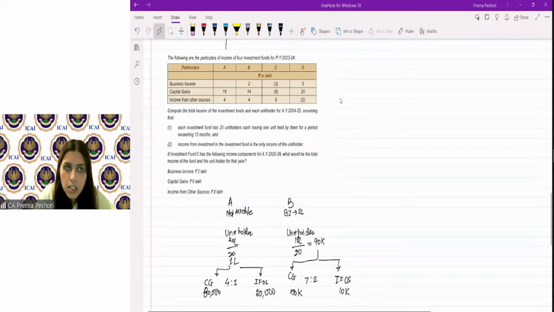What about the fund C? Yes, Mohammed, the loss will be allowed, but which loss? The PGBP or the capital loss?